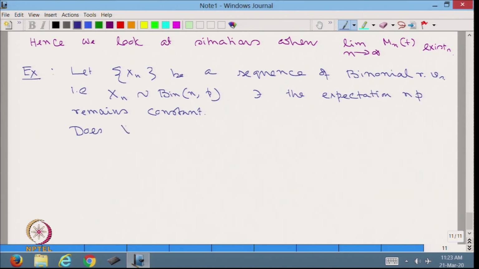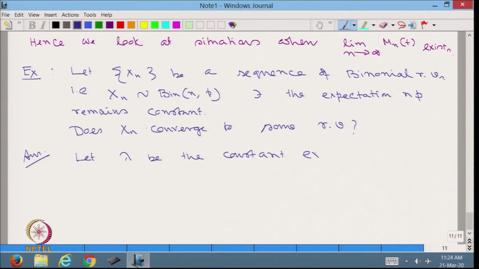Does Xn converge to some random variable? That is the question. So, let lambda be the constant expectation.